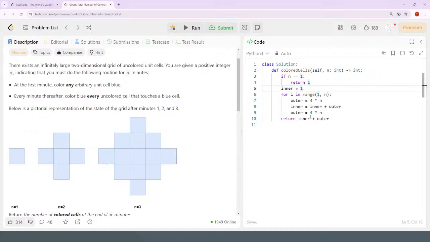And next time you do it, your inner is going to be 5 plus 4 times 2.